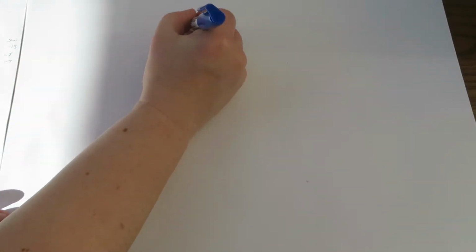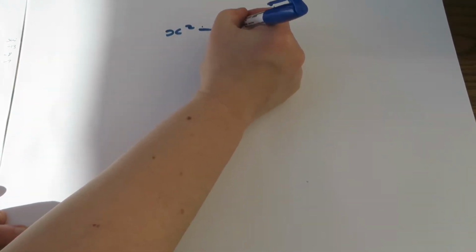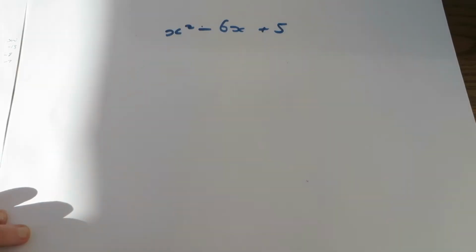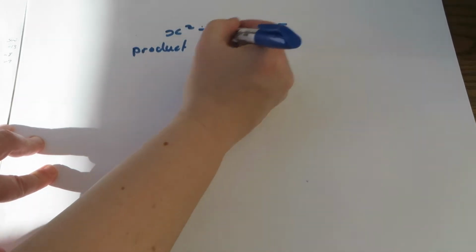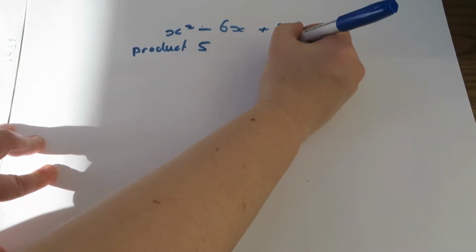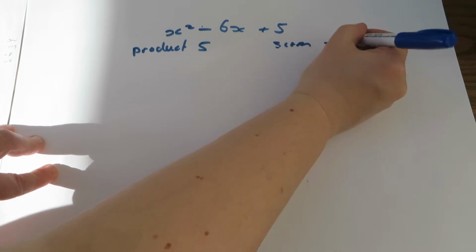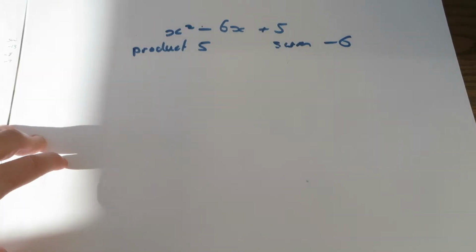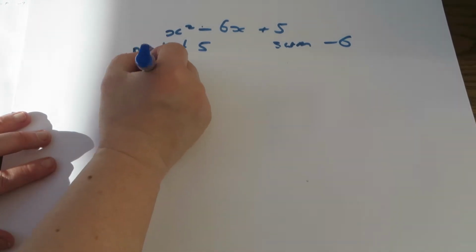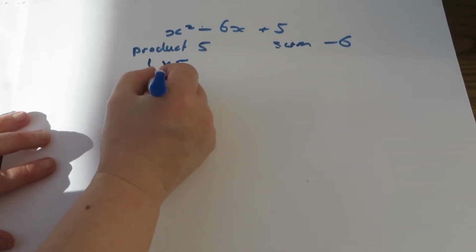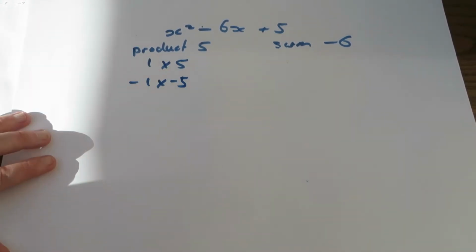So let's have a look at another example: x squared minus 6x plus 5. Again, let's have a look at those factor pair numbers that will give us a product of 5 and a sum of minus 6 on this occasion. If we have a think about the numbers that give us a product of 5, it's probably 1 times 5, minus 1 times minus 5.